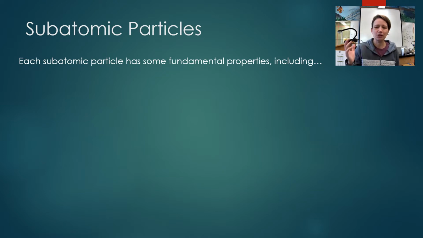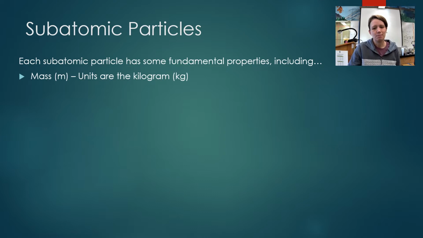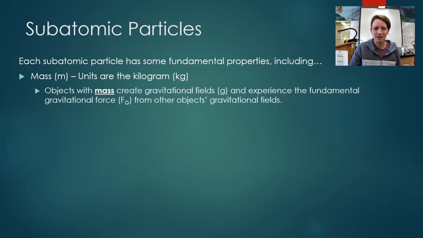There are characteristics of these subatomic particles that make them up, including mass, which we've talked about before, lowercase m, measured in kilograms. But the way a physicist thinks about mass is that objects that contain mass create a gravitational field, which we use the letter lowercase g to represent. You've seen that pop up before, Earth's gravitational field, but any object can have a g.